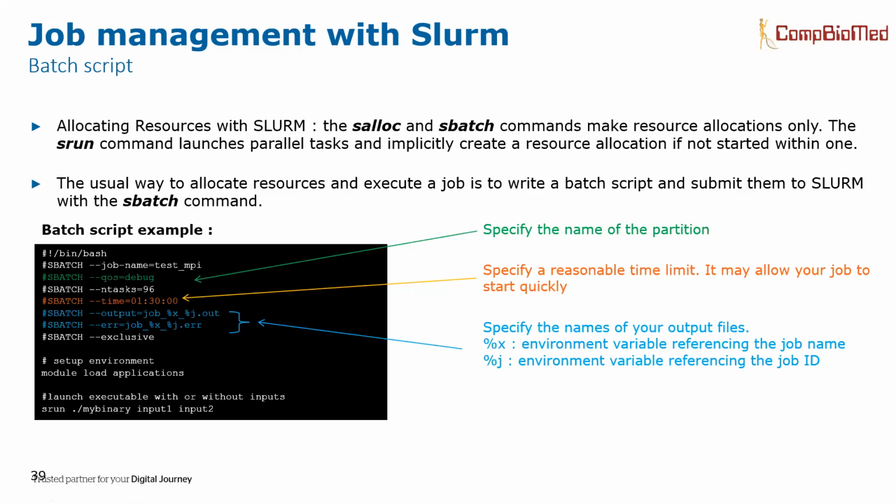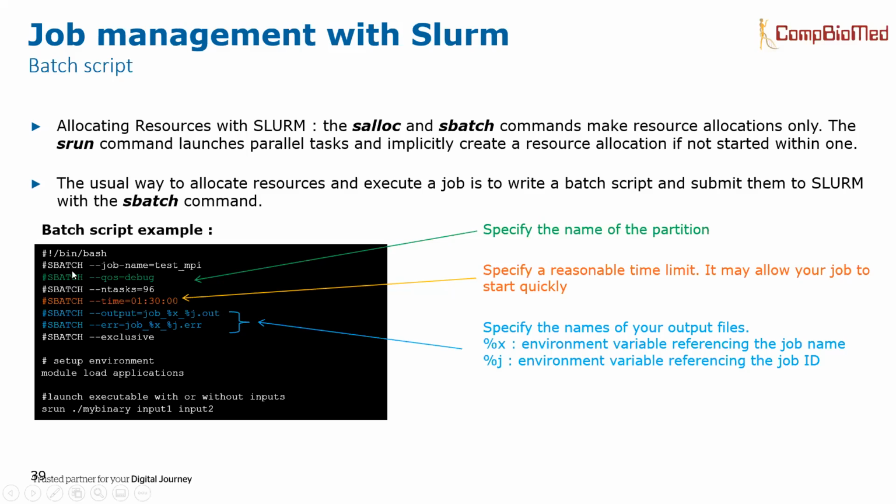This is important because sometimes the Slurm software will be able to launch your job quicker than expected, as you may move up the queue in Slurm. You can also specify the names of your output files.